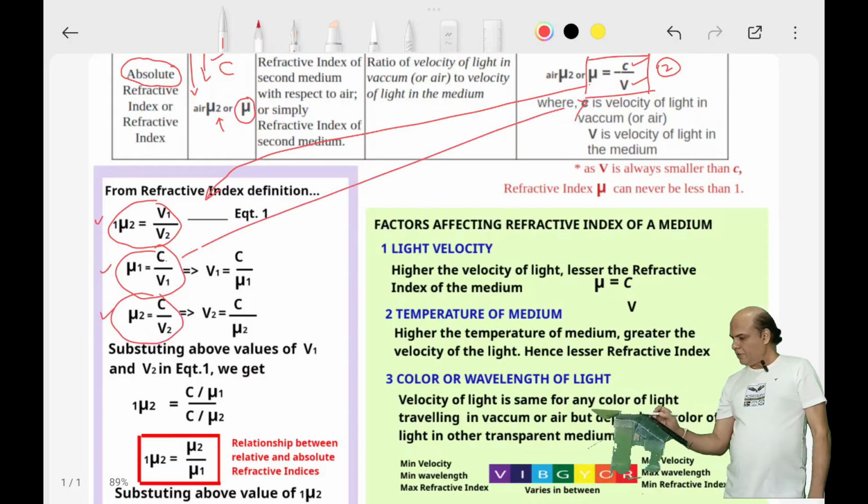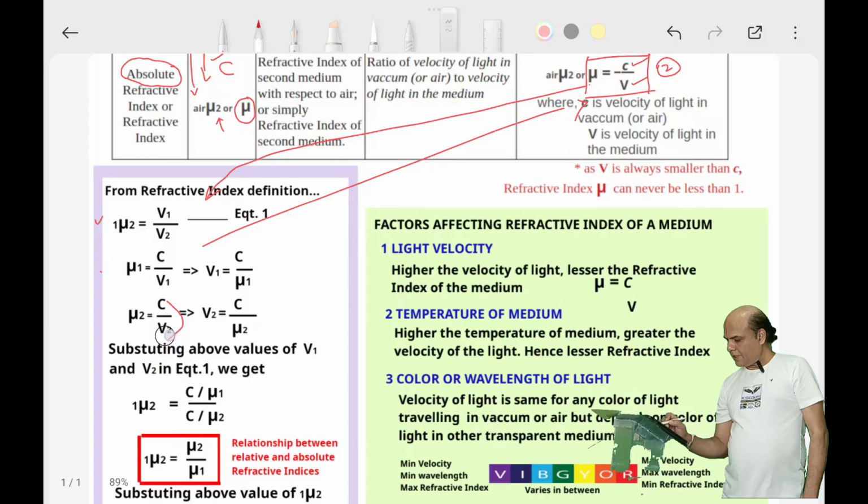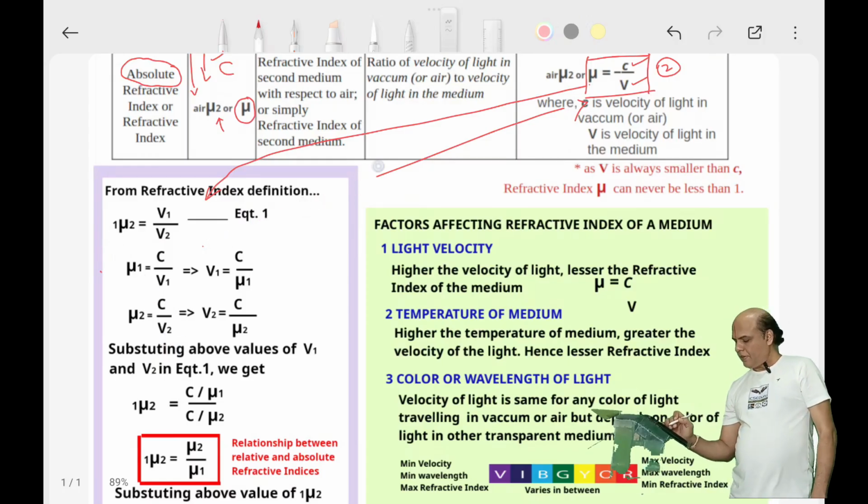Okay, now we'll move further. Let us call the first expression equation 1. Rearranging this expression, if I take V1 this side, then V1 becomes c by mu1. Likewise, V2 becomes c by mu2. So V1 is equal to c by mu1 and V2 is equal to c by mu2.